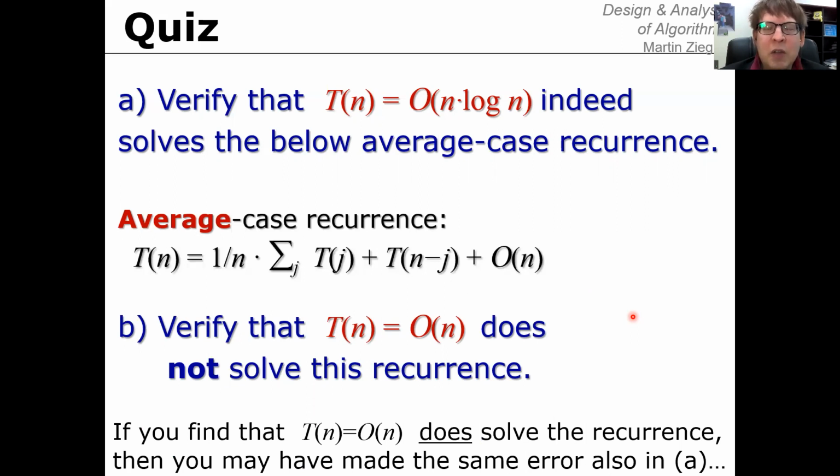And chances are that you have also made the same mistake when you proved item A. So in this case, please find your own mistake in proving item B, and then find and correct the same mistake in item A, so that you have both items correct in the end. So now I'm going to stop recording to give you time for solving this quiz, and then we'll resume.